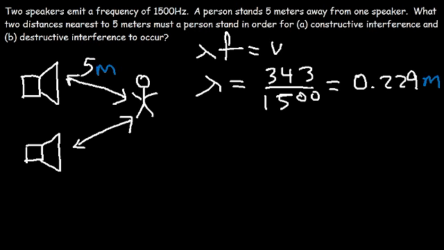Now the next thing you want to do is find out how much half of a wavelength is. This is for part B, by the way. So half of 0.229 is about 0.1145. But I'm going to round it and say 0.115.